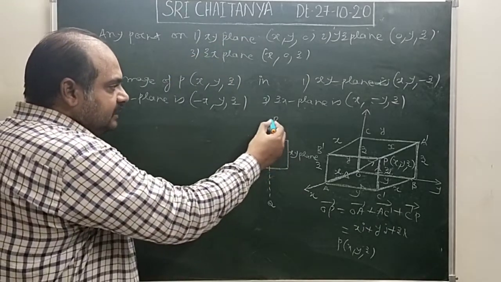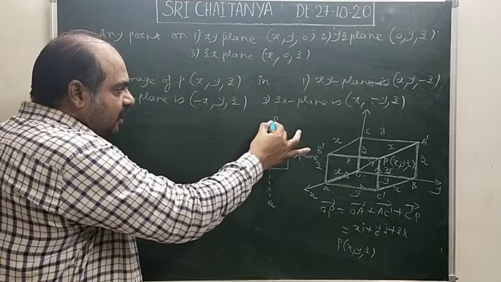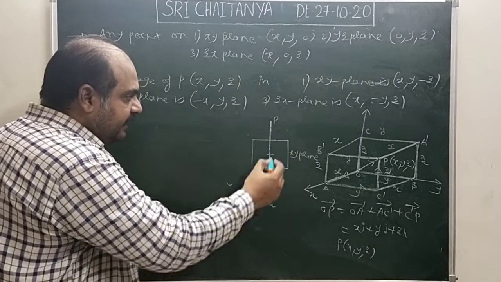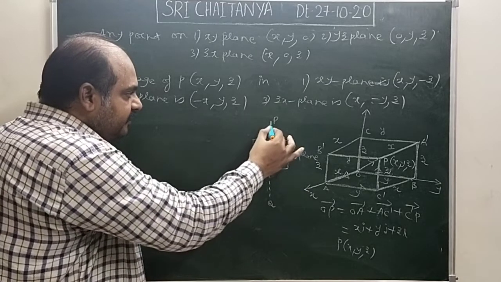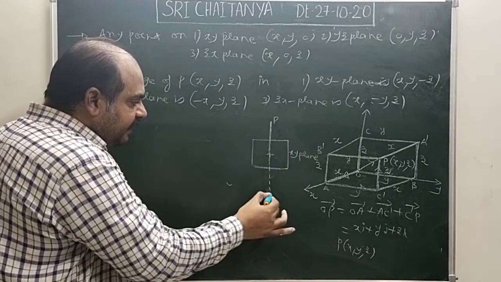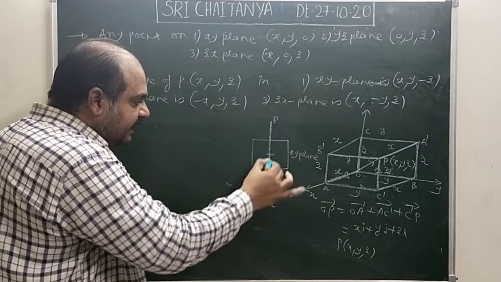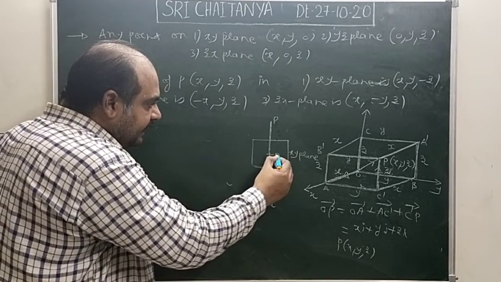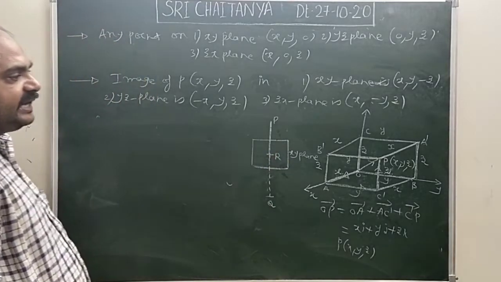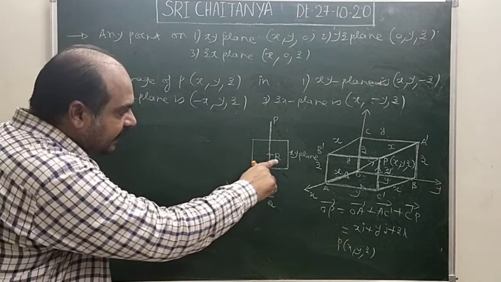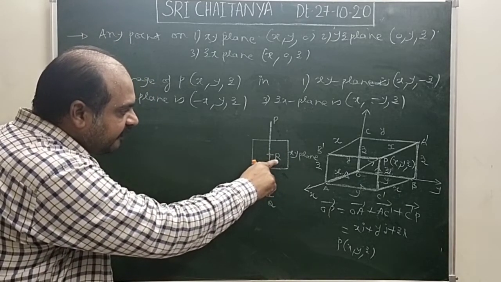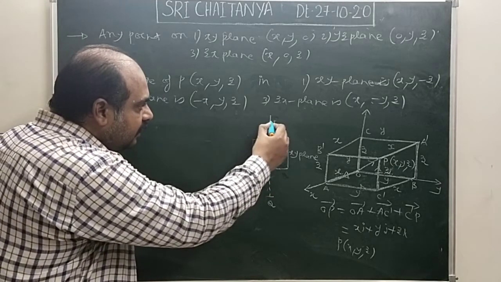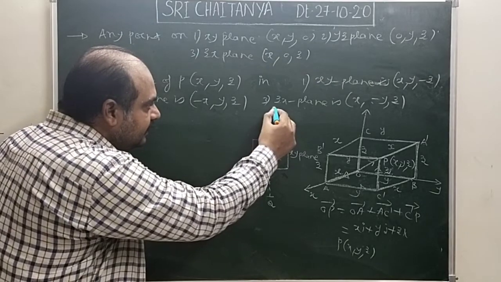That means you drop a perpendicular, connecting that point to that image point. If you connect them, P and Q will be on opposite sides of your paper, and that line will intersect your paper at R. Let us say that is R. That is nothing but the foot of perpendicular drawn from P to the plane, which you know.